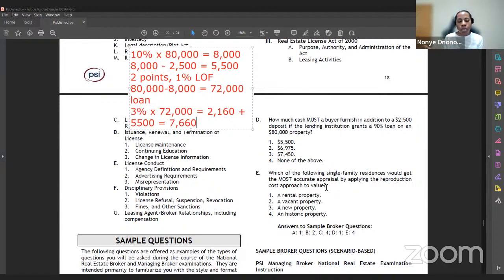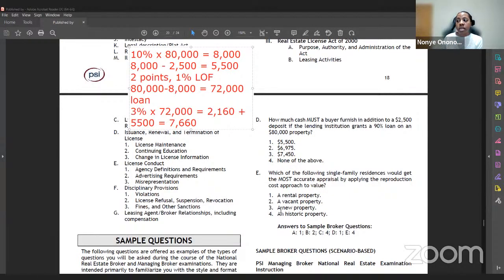And with reproduction, we're using the same materials, not a replica of the materials. So for cost approach, it won't be a rental because with a rental, you're using the income approach. Vacant property, you could use, if it's income producing, you would use the income approach. If it's residential, for example, you could use the sales approach. So those two we can eliminate.